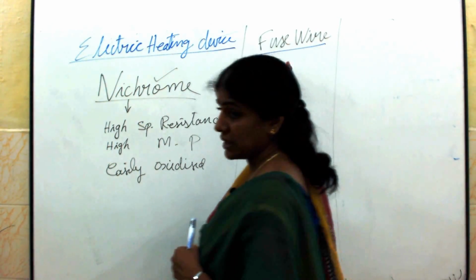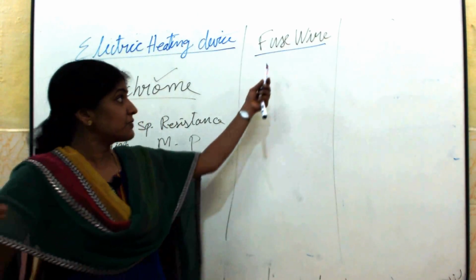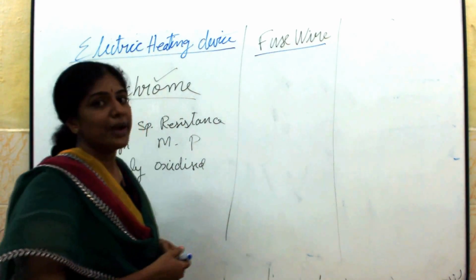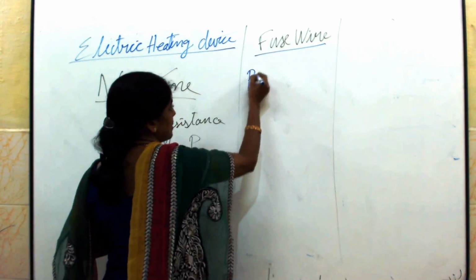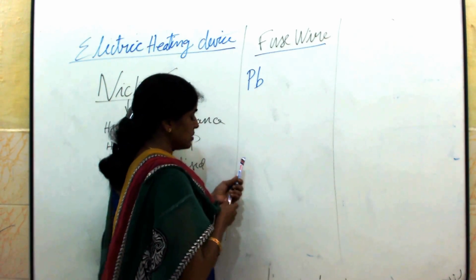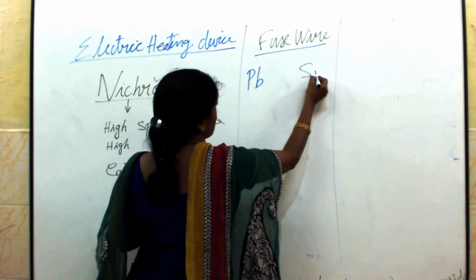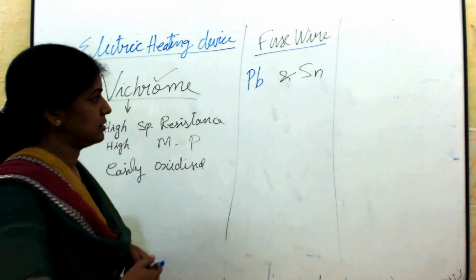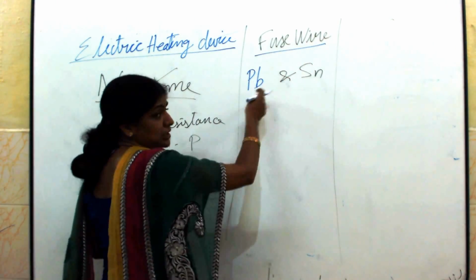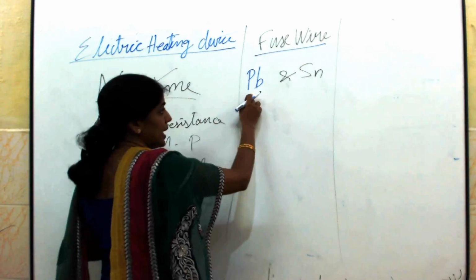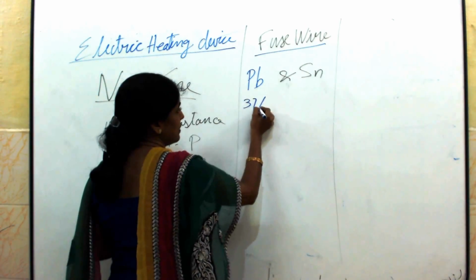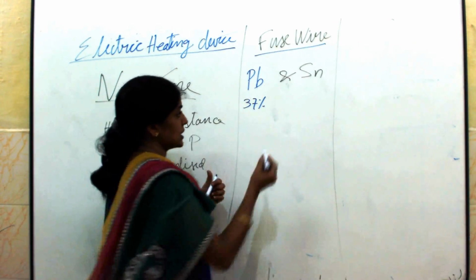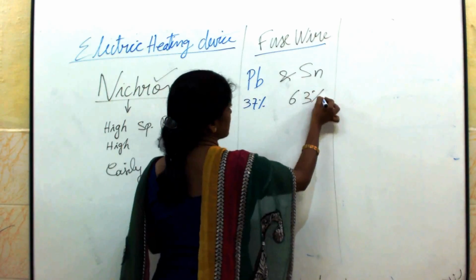It's an alloy made up of lead and tin. Lead is 37% and tin is 63%.